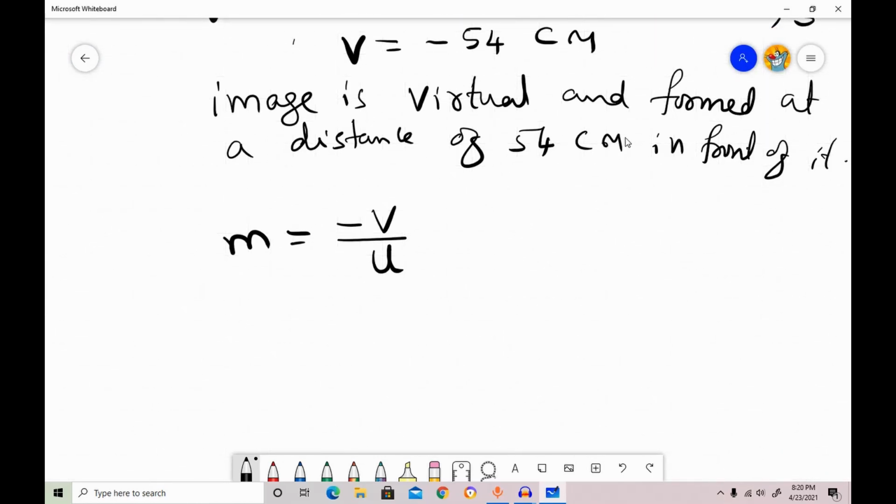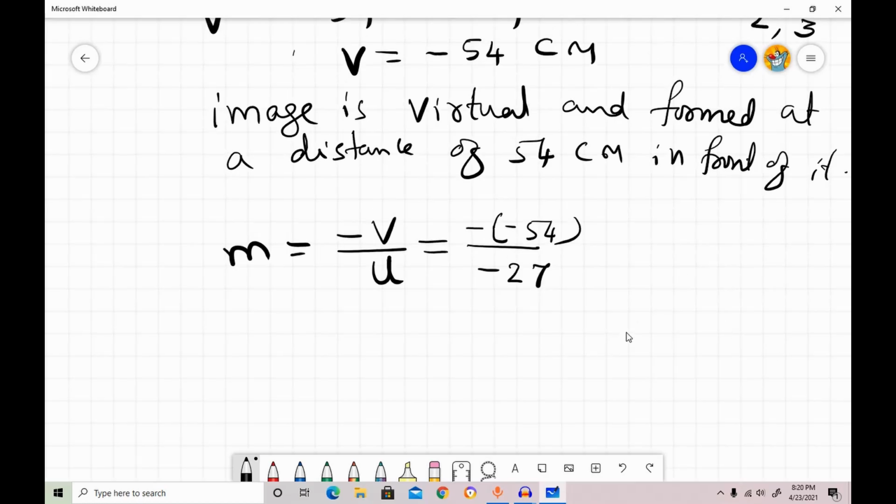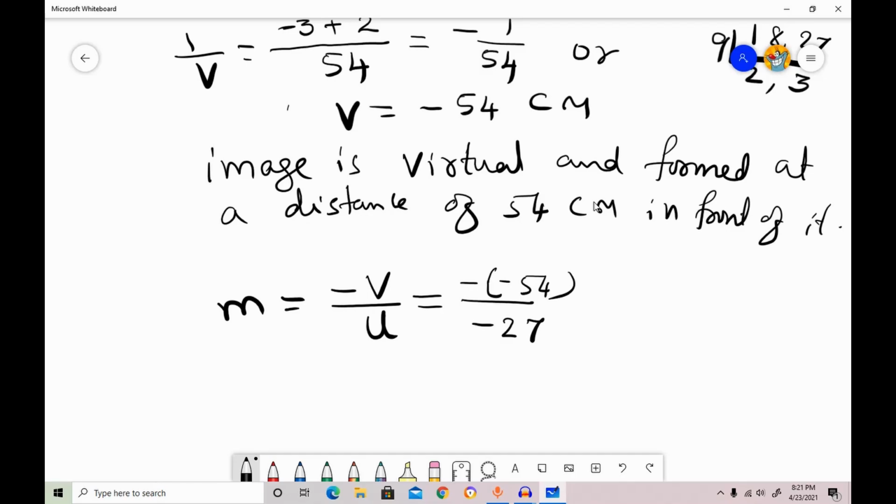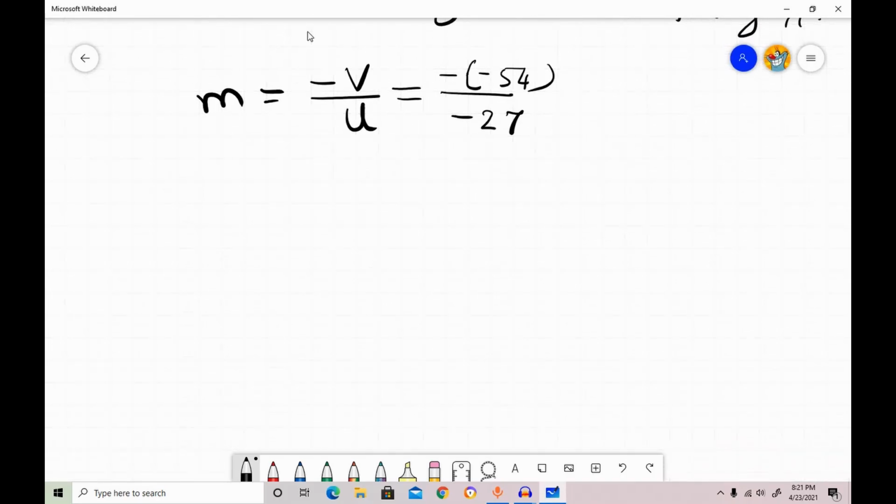So substitute the values: minus of minus 54 by minus 27. Therefore m becomes minus 2.